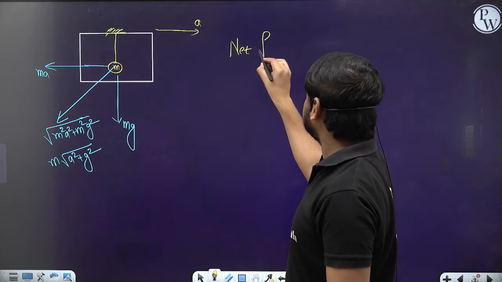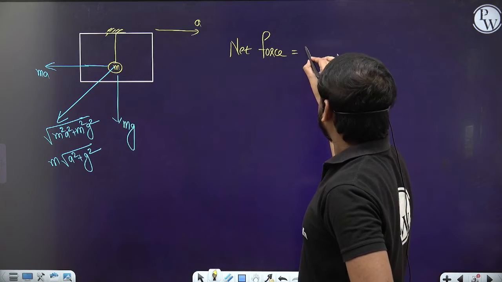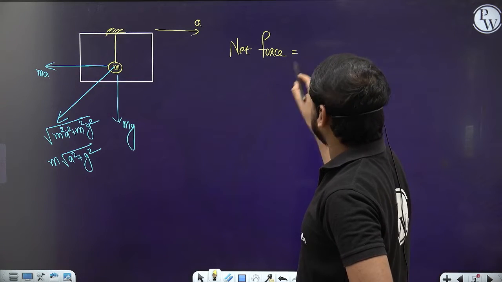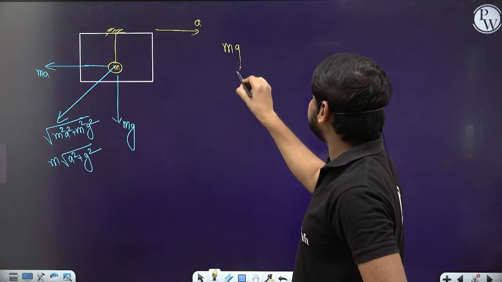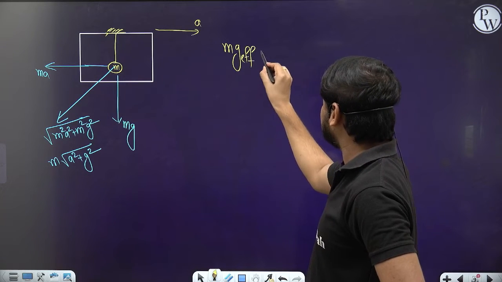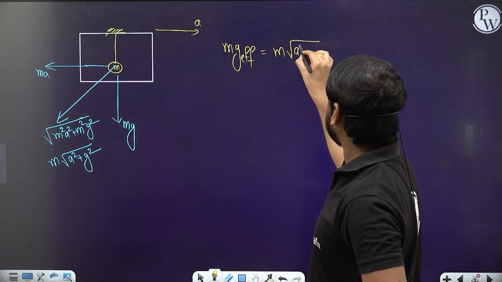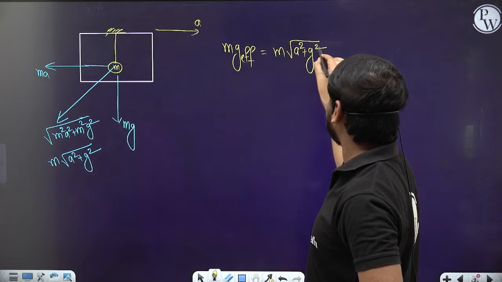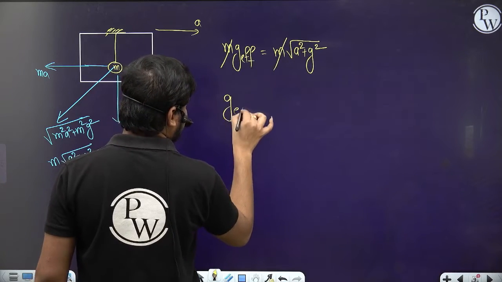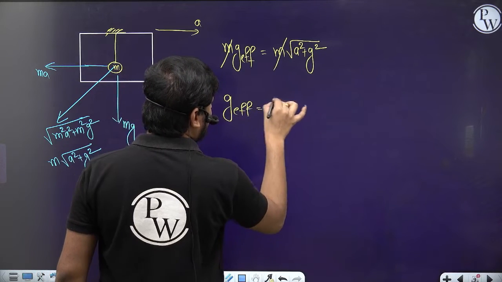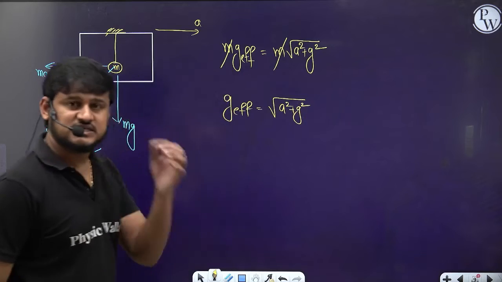So the m into the g effective, this is the net force, which we got as m into root over a square plus g square. Now m gets cancelled. So the g effective here is equal to square root of a square plus g square.